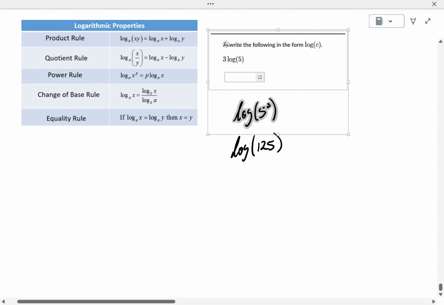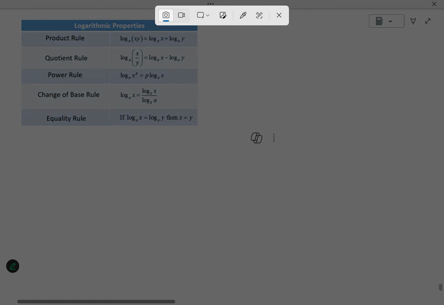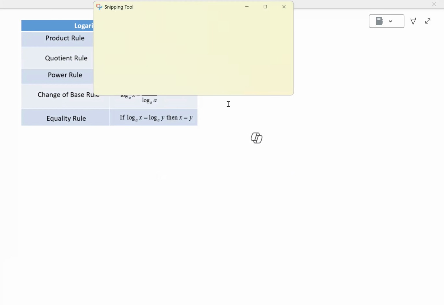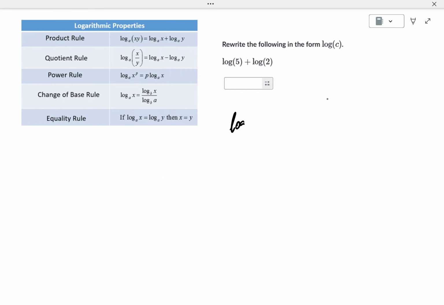Okay, this next one's a plus. It says rewrite this log in the form of a single logarithm, log C, that's what that means. Let's write it in terms of one logarithm. This is the product rule. That means we're going to multiply the arguments and combine this into one just log base 10, and that would just be 5 times 2.